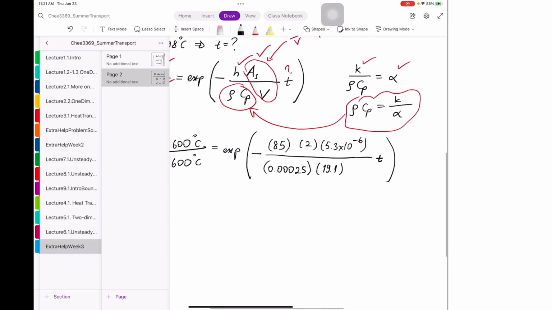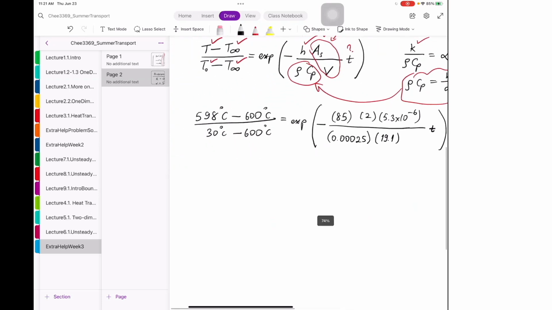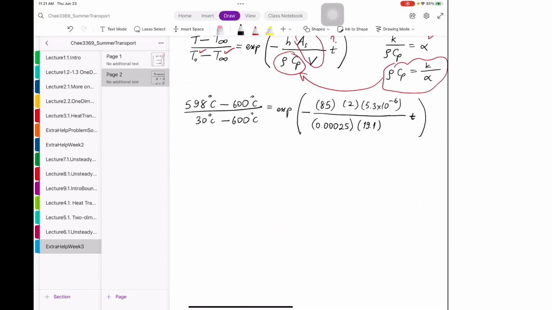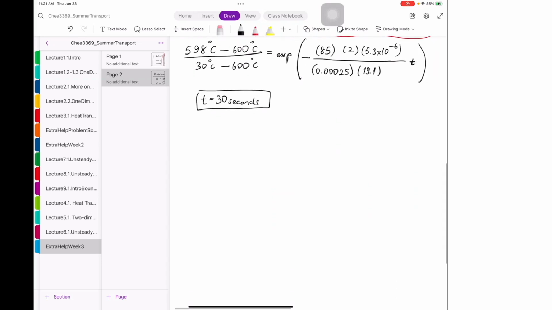And then if you solve this equation, you should get time is equal to something around 30 seconds. So let's comment on this. This is significantly large, right? I mean, it takes some time.